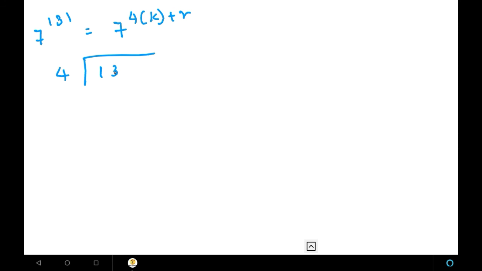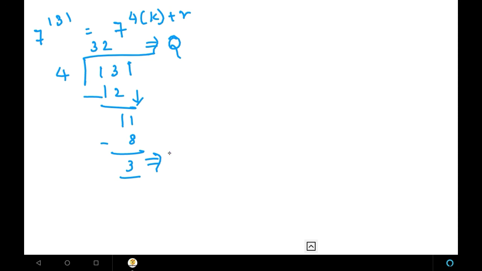So 131: 4 3s are 12, I'll get 1. Then I bring down 1 to get 11, 4 2s are 8, and 11 minus 8 is 3. So this is the quotient and this is the remainder.